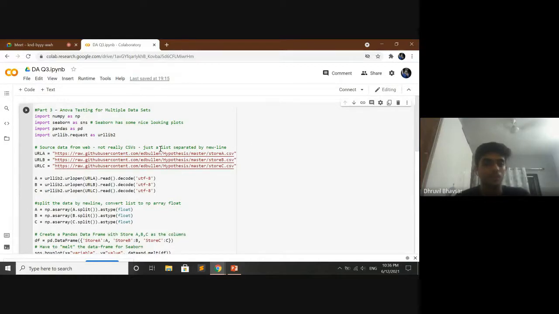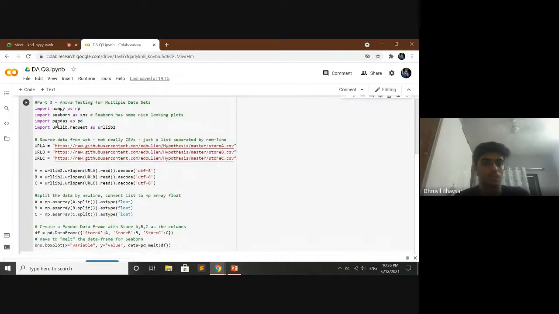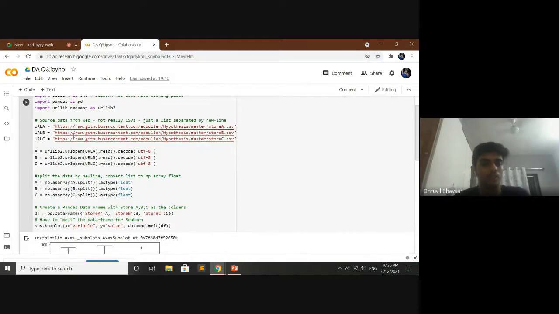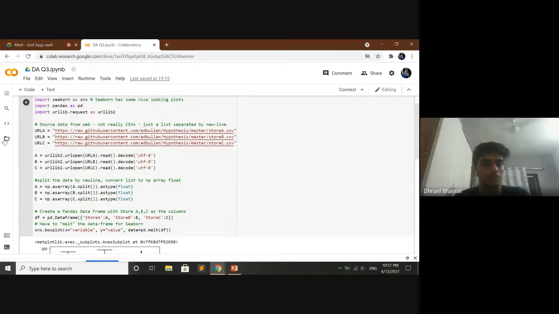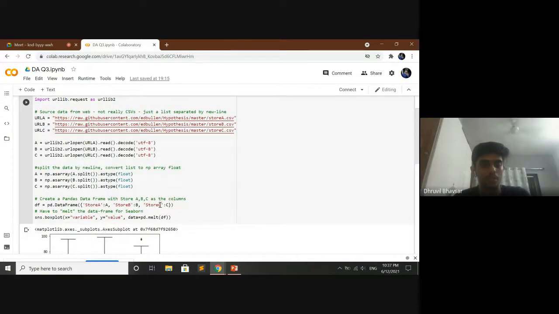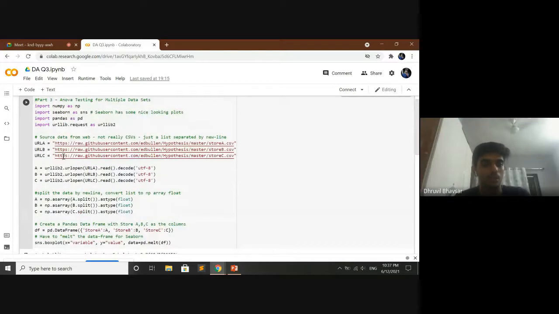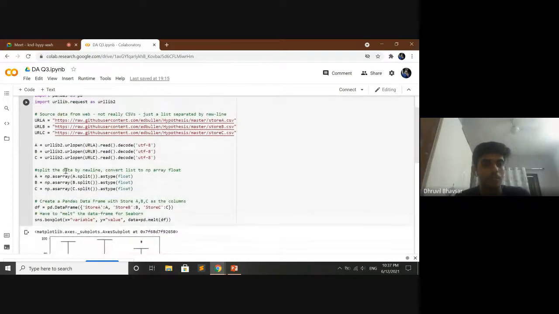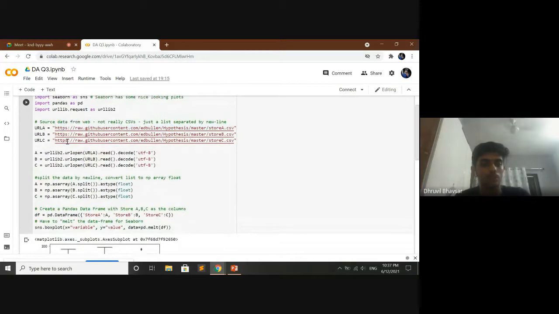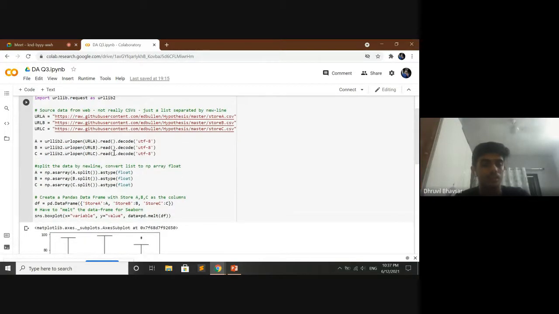Here I have written code for ANOVA testing for multiple data sets. I have imported NumPy, Seaborn, Pandas and other libraries. We have to upload three files, store A, store B and store C. We are comparing the three stores in ANOVA testing, and the source data are taken from three URLs.